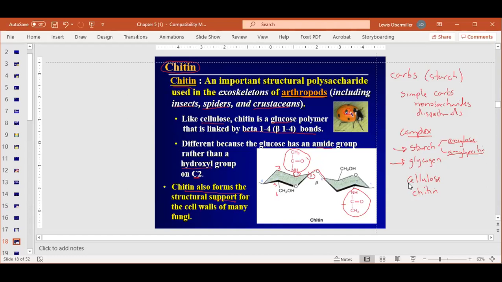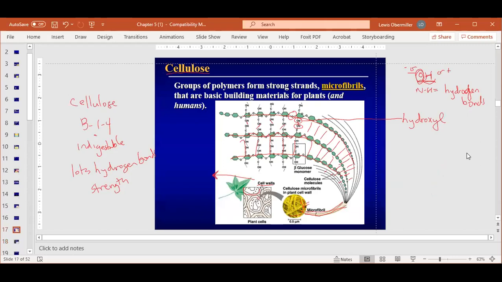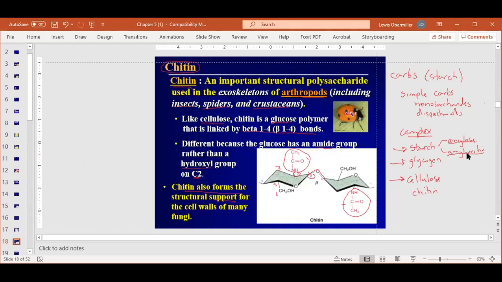Perfect. Cellulose. Is this straight or branched? Is it branched? No. It's linear chains. So just like we showed here.